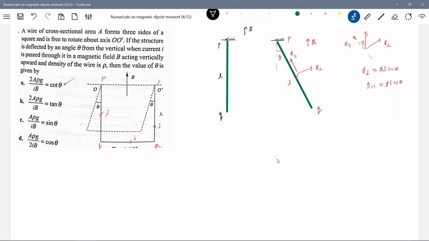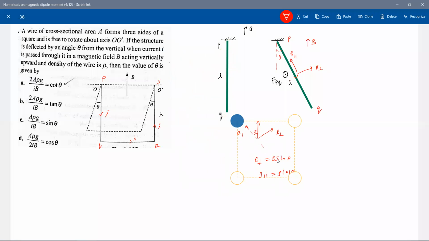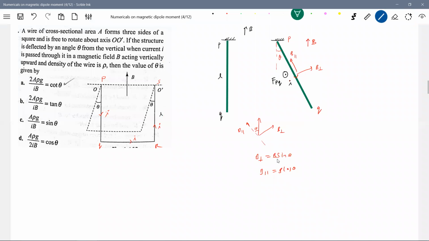Here I'll show that force in this direction. There's no other way; you have to fight with the diagram here. Similarly, the force acting on the rod SR, the current will flow here.